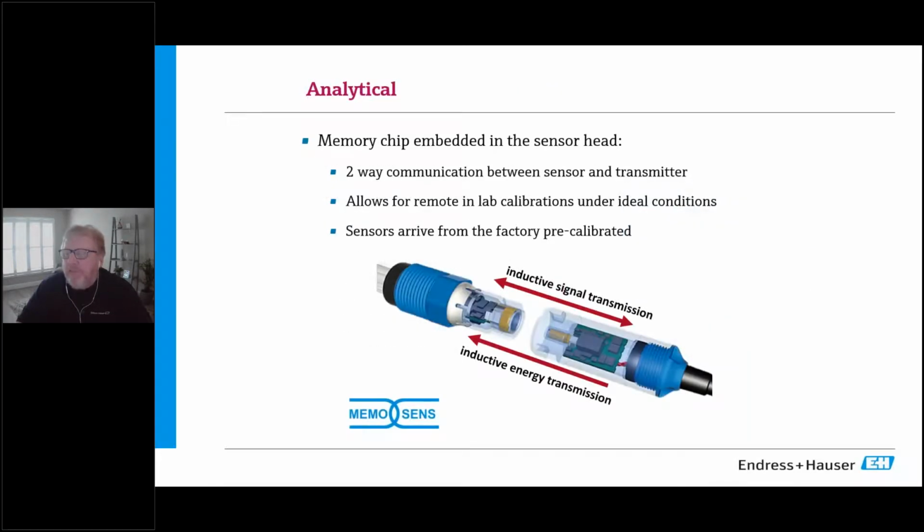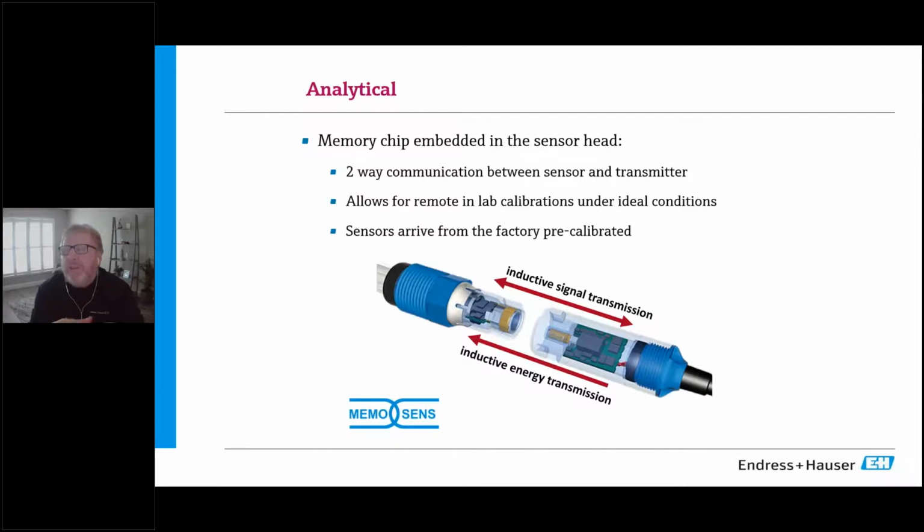So these low impedance sensors, when you connect them to the holder with the cable, as you see in this picture here, all that information from that sensor is automatically transferred through that inductive coupling, which then goes up to our transmitter.